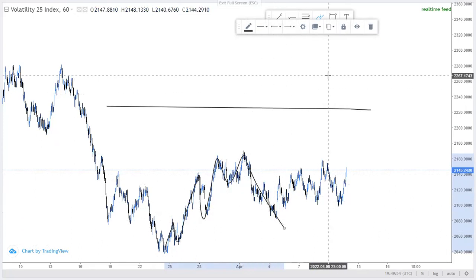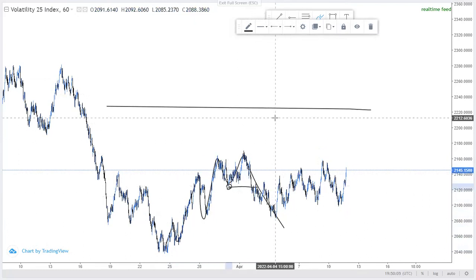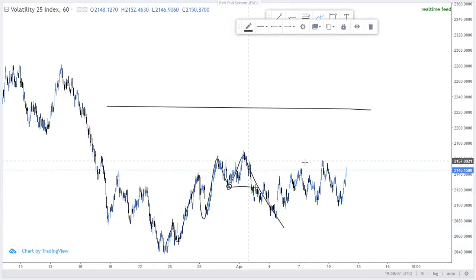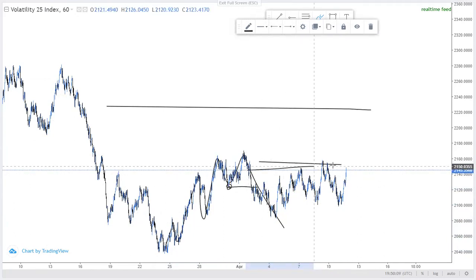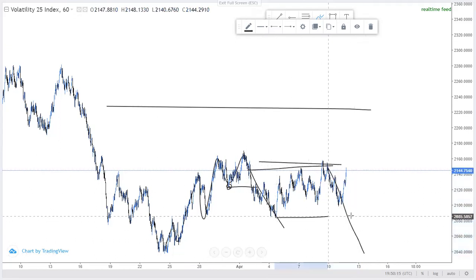So what we can note here is that price has broken out of this structure. So we went below this low. So we had to come into order blocks around here, then go down below this level.